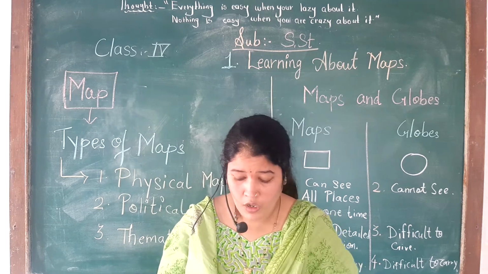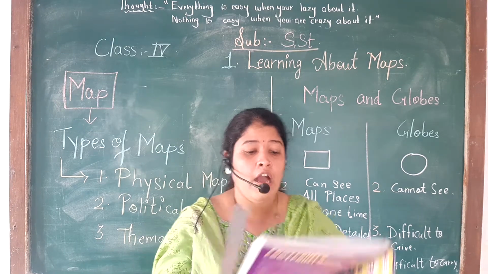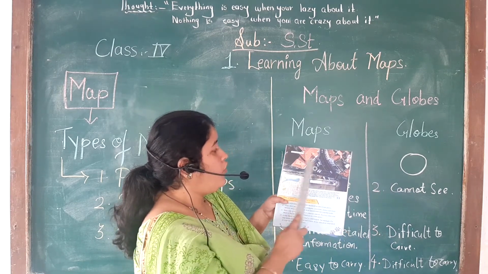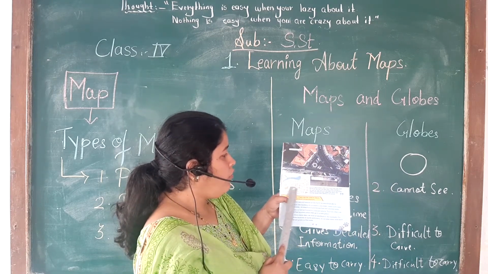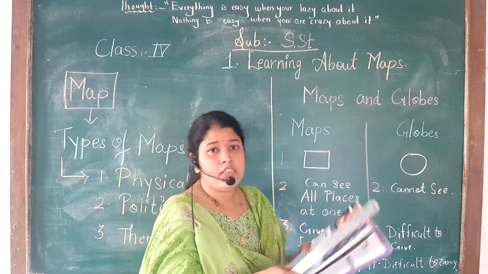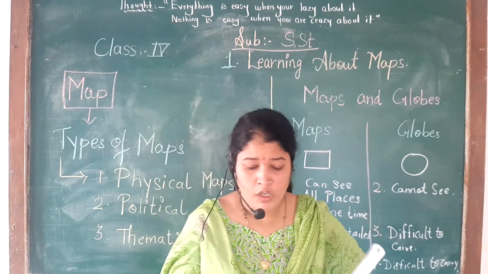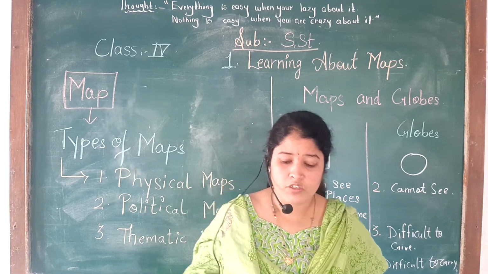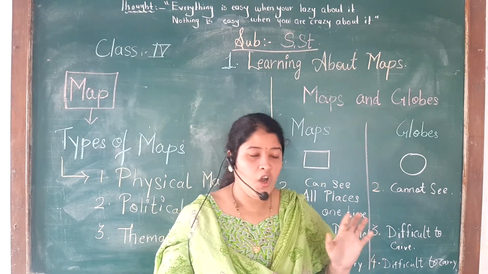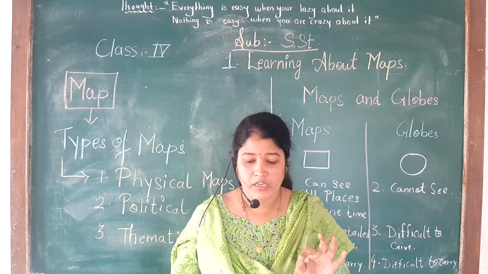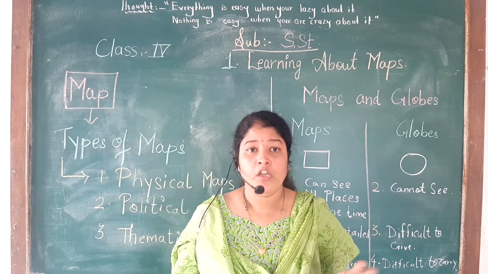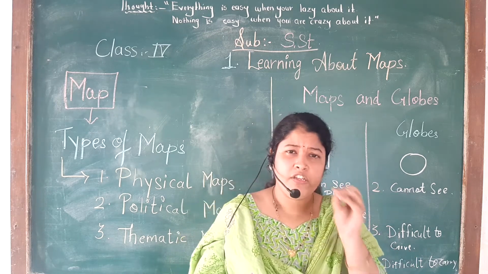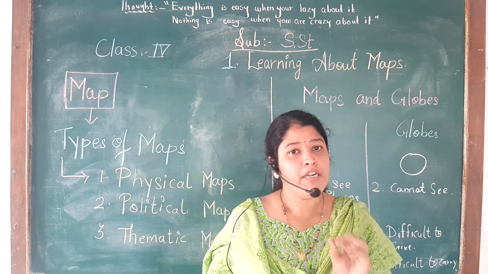Suppose for example on page number 3, where I explained in the previous session, an aerial view of a road is given. So through a map each and every small thing can be pointed out. So a map can provide detailed information about the smallest area, but on a globe it becomes difficult to give detailed information. You can show some area, but very small or detailed information becomes a bit difficult.